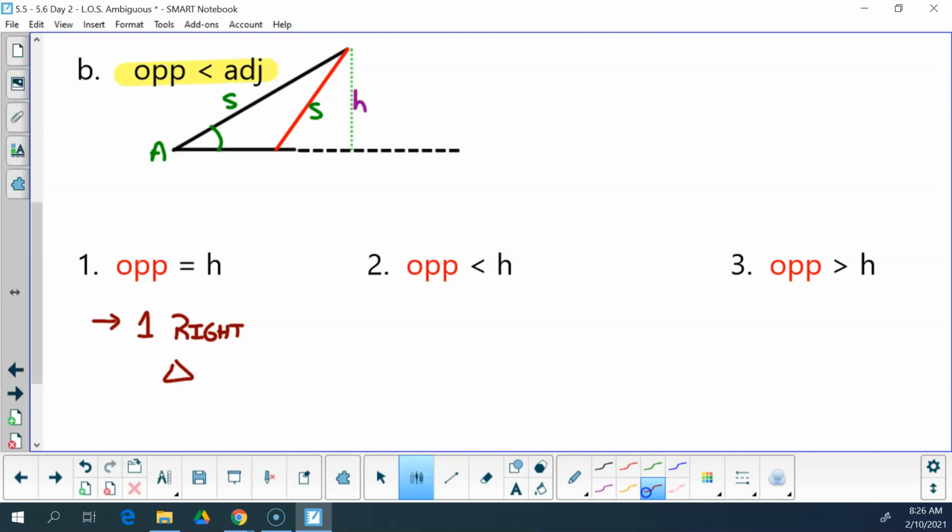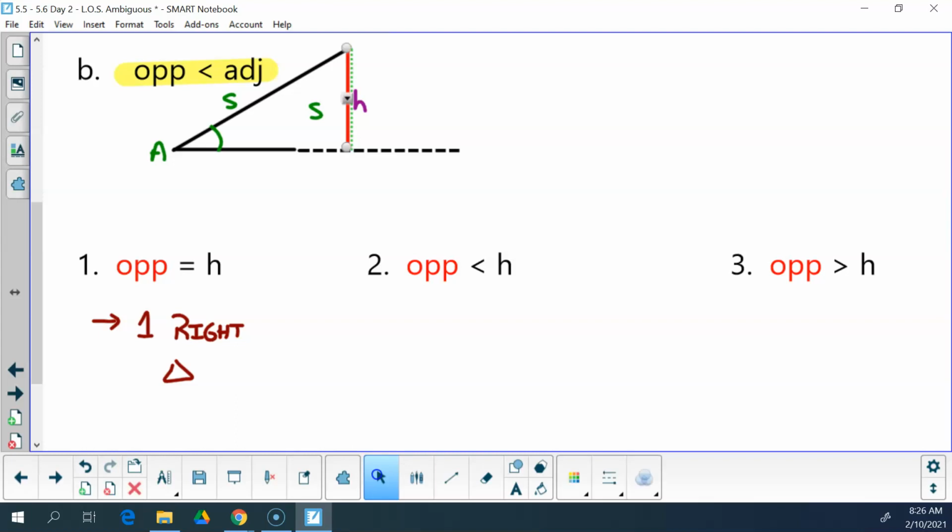If that red side is smaller than the height, so the first case scenario would have looked like that. And that would have been this scenario number 1.